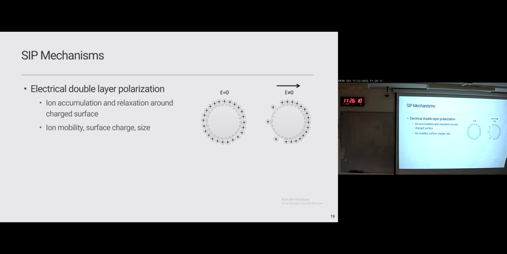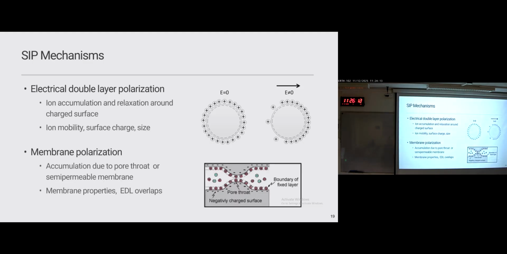There is another mechanism known as membrane polarization. This polarization is due to the accumulation of charge near a semi-permeable membrane, for example, or in porous media, if we have a pore throat, then ions cannot move, and we can have polarization.